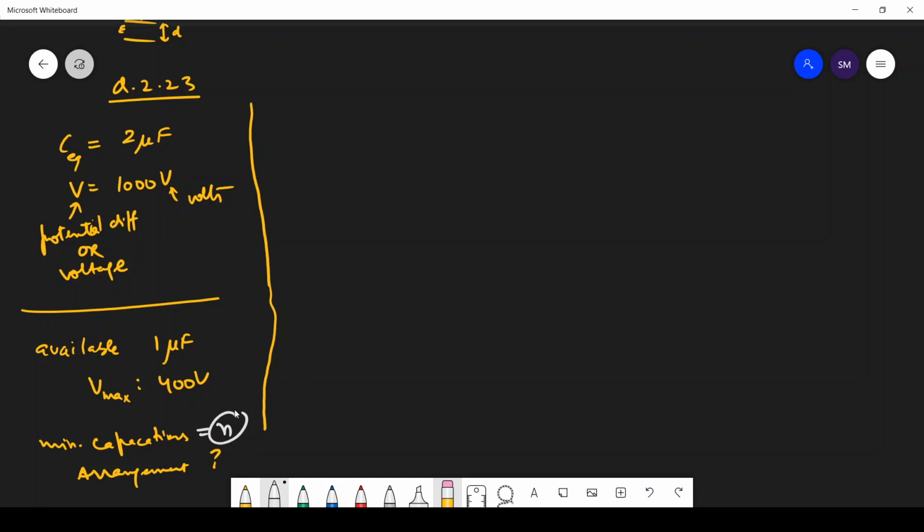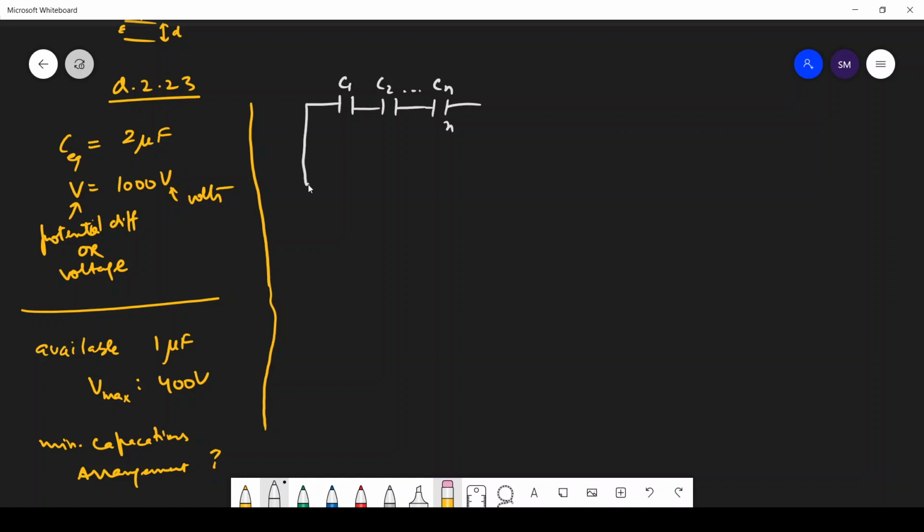Now, some of them are combined in series. Not all the capacitors, but the ones combined in series, say n capacitors: C1, C2 and so on up to Cn.